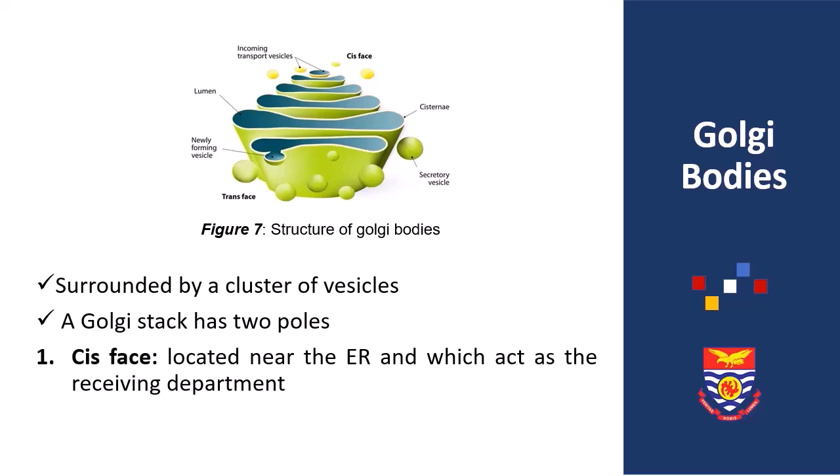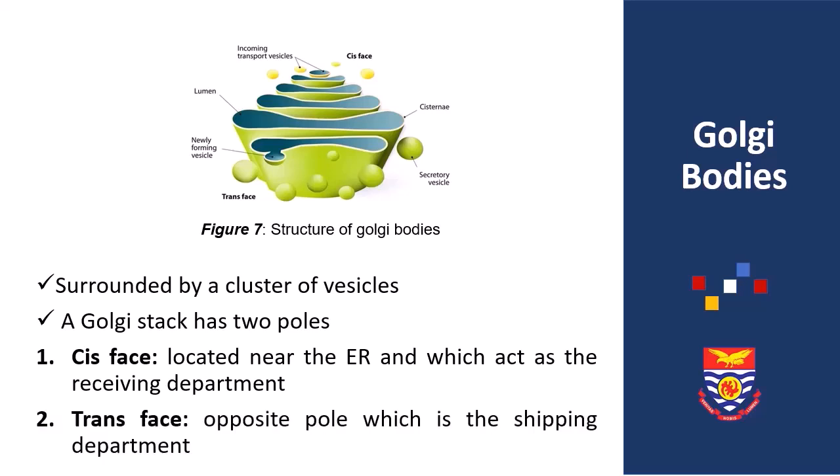The cis pole is located near the endoplasmic reticulum, and it acts as the receiving department, whereas the trans face is responsible for shipping materials from the Golgi body to other structures. One thing we have to know about these two poles is that they differ in thickness and in molecular composition.